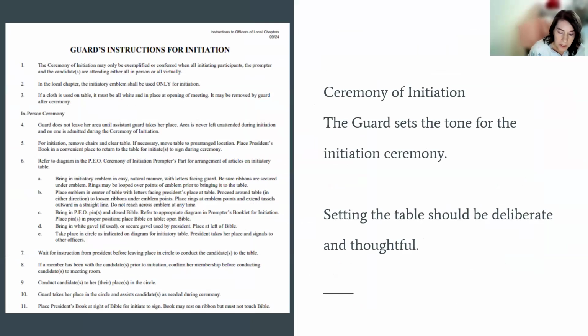Presidents, just a note, it is also important that you review these instructions and then practice with your guard prior to initiation. The guard sets the tone for initiation, so there is no rush. Take your time. The setting of the table should be deliberate and thoughtful.